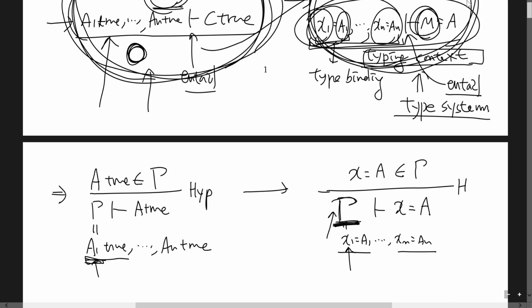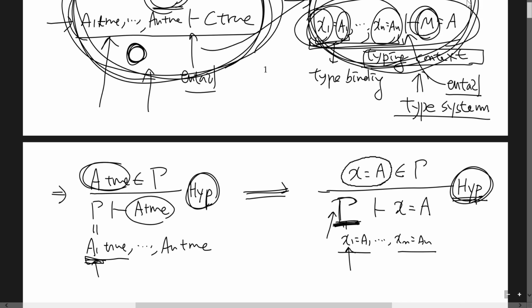And we call this rule hypothesis rule. So essentially there is no difference. This rule says if A is a hypothesis, then you may deduce it. This rule says if this type binding is one of the assumptions that you make, then you may deduce it. So from the hypothesis rule in logic, we obtained a typing rule of the same name.